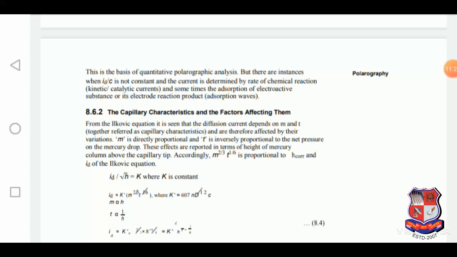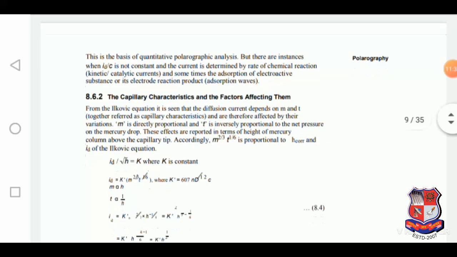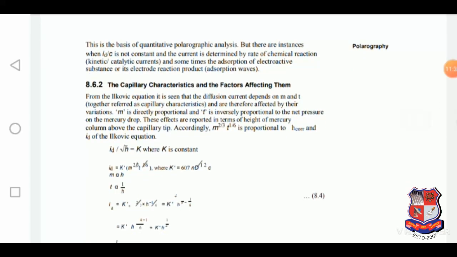The capillary characteristics and factors affecting them. From the Ilkovic equation, it is seen that diffusion current depends upon m and t and is therefore affected by their variations. m is directly proportional and t is inversely proportional to the net pressure on the mercury drop. These effects are reported in terms of the height of the mercury column above the capillary tip.